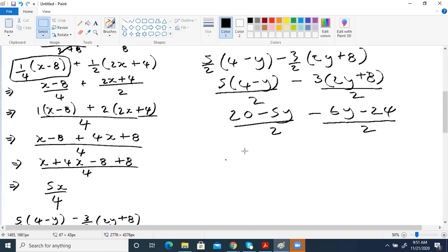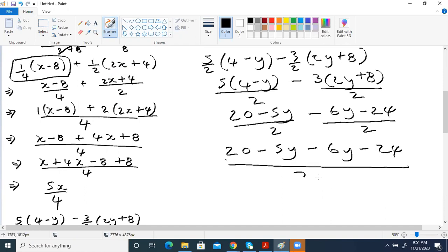What happened now is that I can write 20 minus 5y minus 6y minus 24, all over 2. That's the same denominator, all right? Let me even put a dividing line right there.